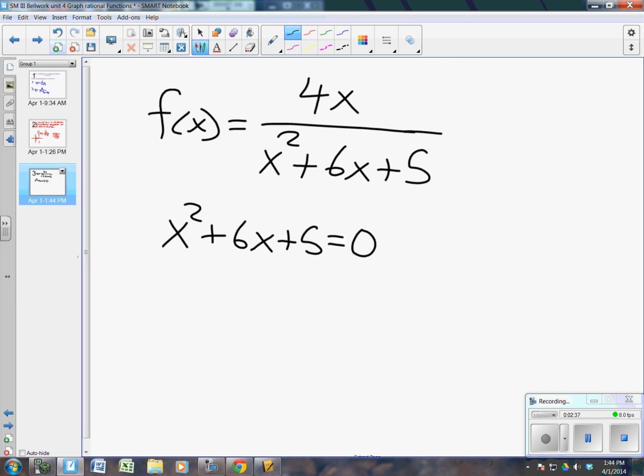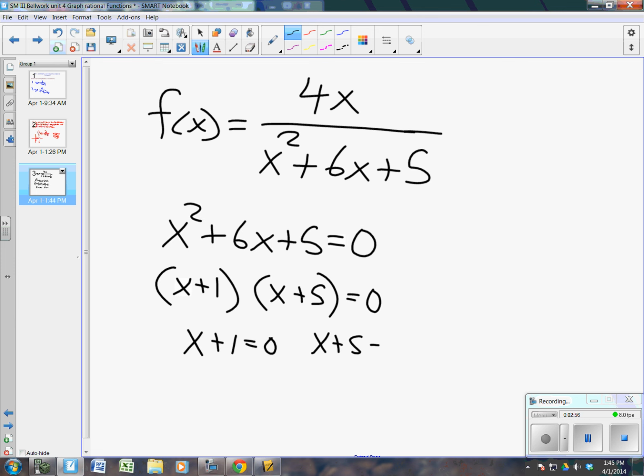It's a quadratic equation. What 2 numbers can you times together and get 5, add together and get 6? Okay, and so we know 1 times 5 is 5, 1 plus 5 is 6. So we set each of those factors equal to 0, and we get -1 and -5.